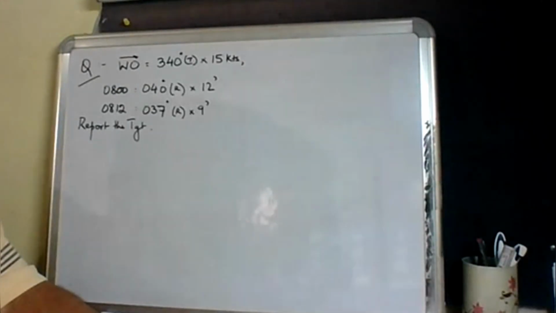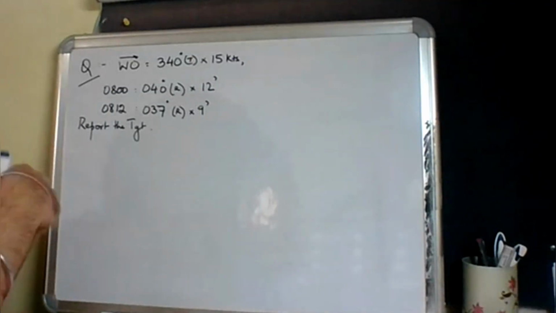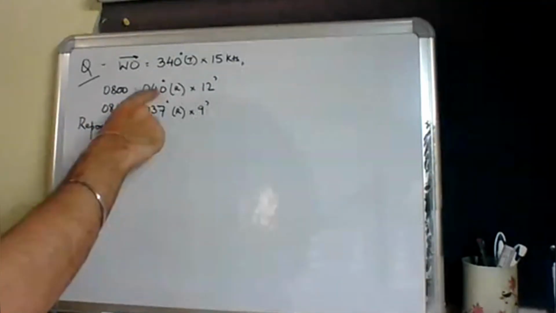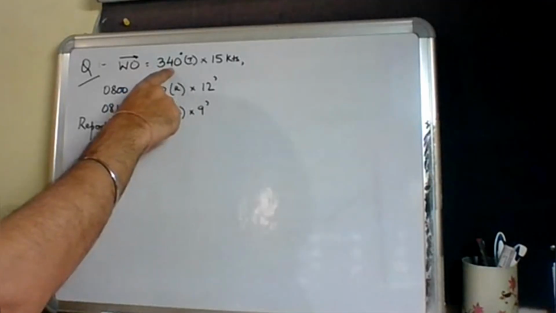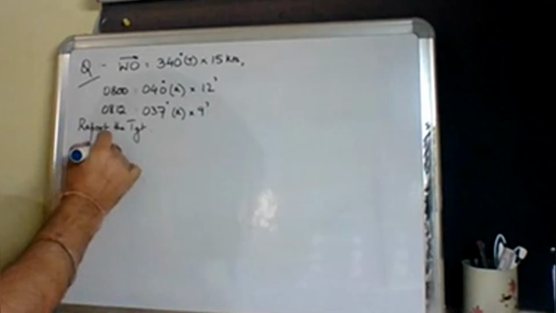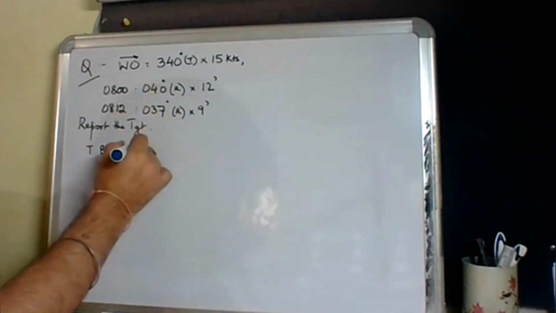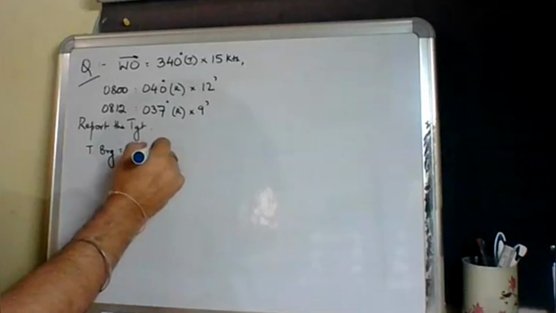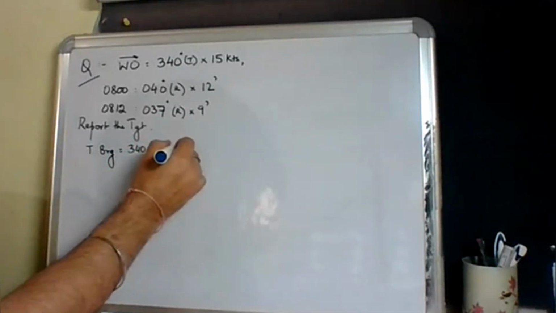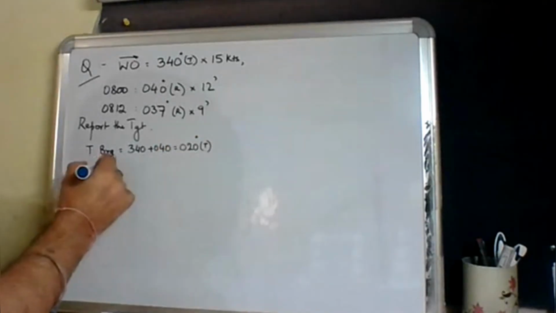Okay. Sir, adding also from the heading. Right. So my heading is 340. So the true bearing is 340 plus 40, which will give me 020.